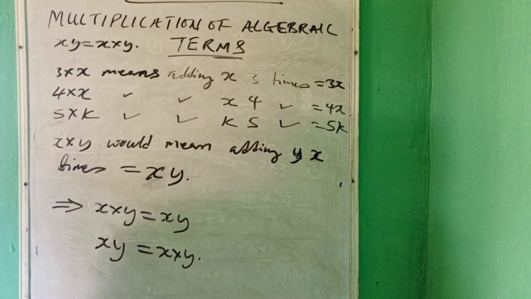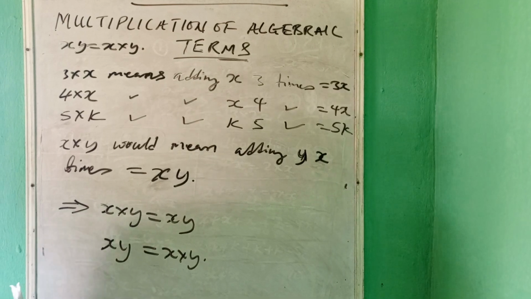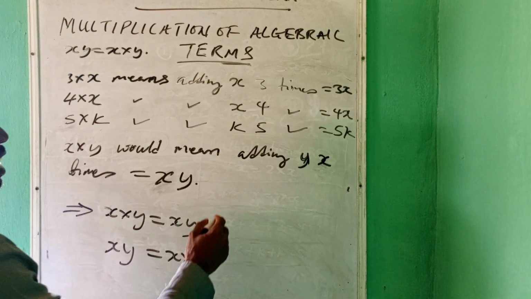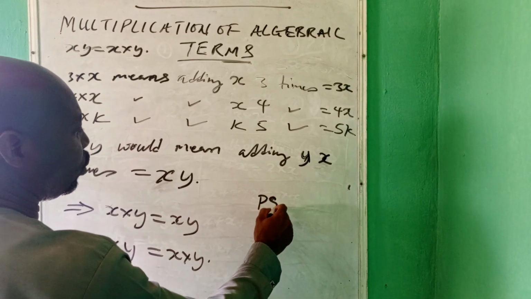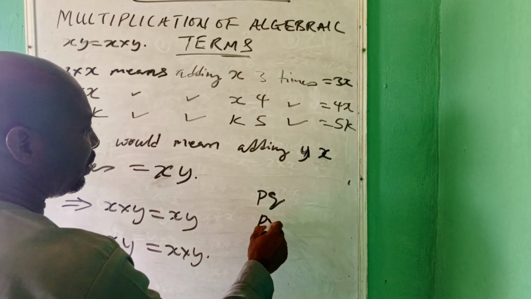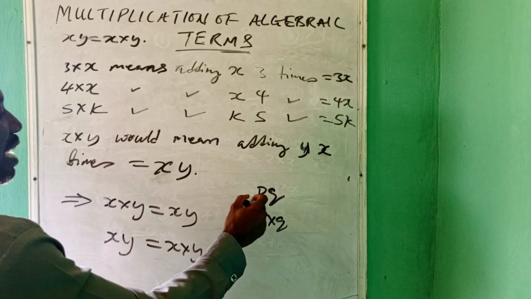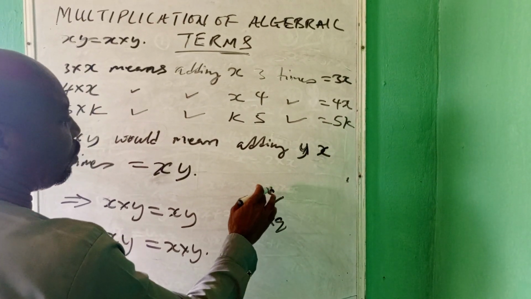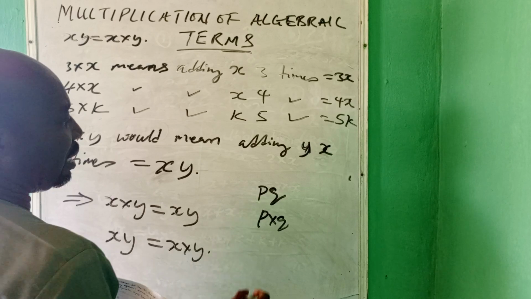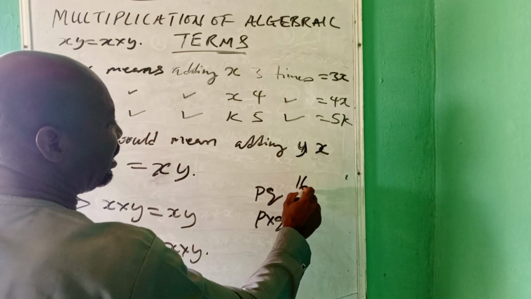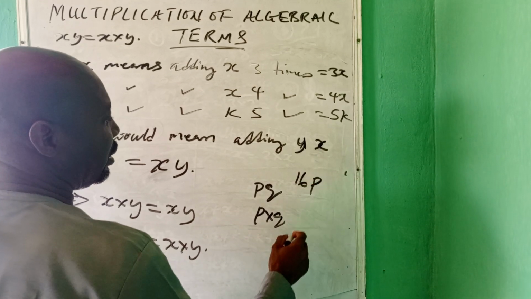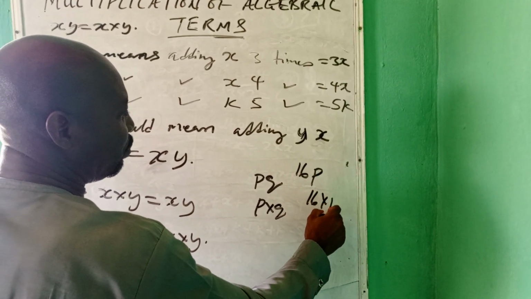So you now find out that's what we always tell you in multiplication of algebraic terms. Anytime you see two letters like pq, we'll tell you that it means p times q. There is always an invisible multiplication sign between them. Also, when you see a number and a letter like 16p, it means 16 times p.